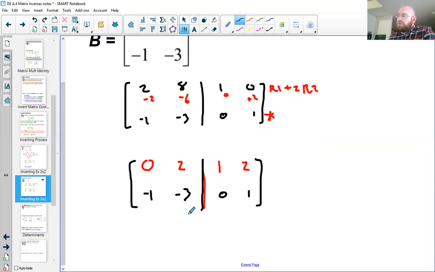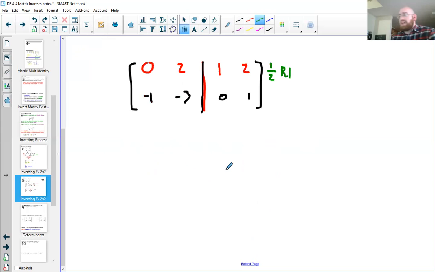Now I can see that this is getting closer to what I'd like, because I'd like there to be a 1 here. So I am going to do 1/2 times row 1 so that I can make the first row have a 1 in the second position.